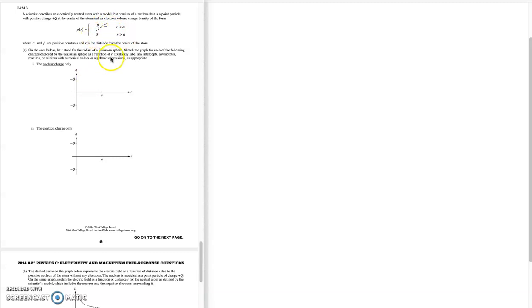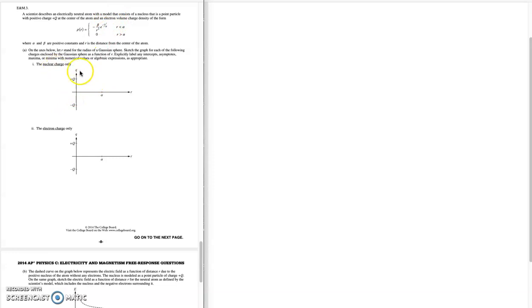So if we take a look at the nuclear charge only, you have to keep in mind that the nuclear charge is a point particle positive Q at the center of the atom, and then this density formula refers just to the electron.